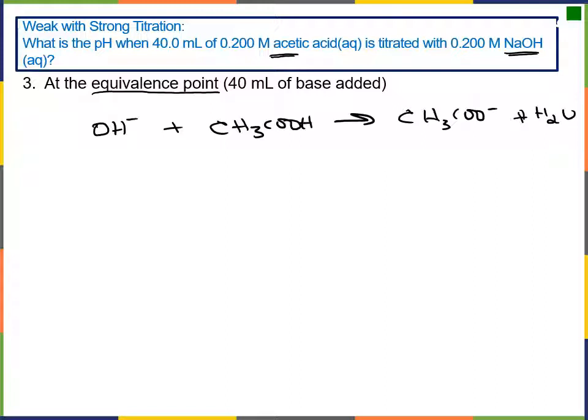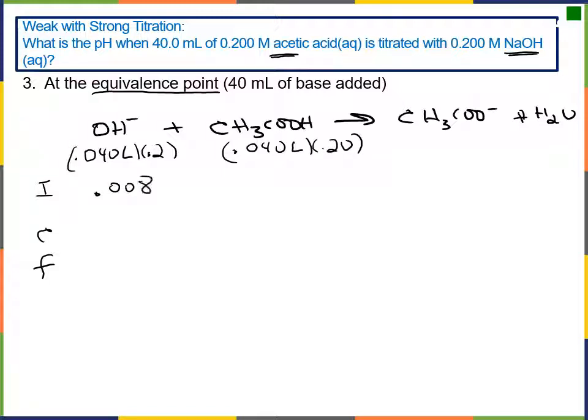So, because we're adding something strong, we need a mole chart, so we need ICF. This is going to be 0.040 liters multiplied by 0.2 molar, 0.040 liters multiplied by 0.2. We're going to realize that these values are the same, that we have the same amount of hydroxide as we have acid.